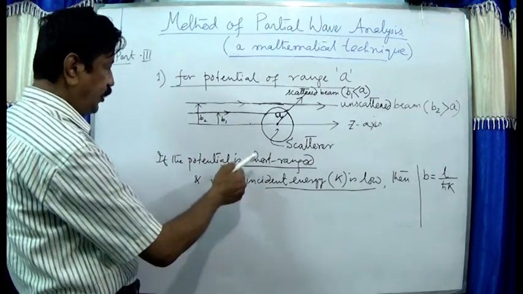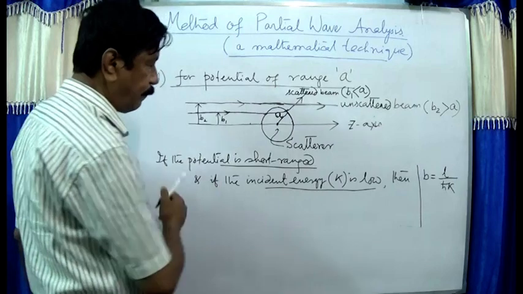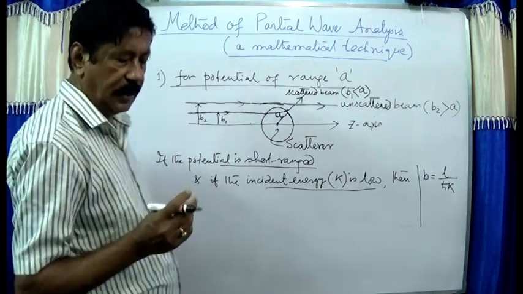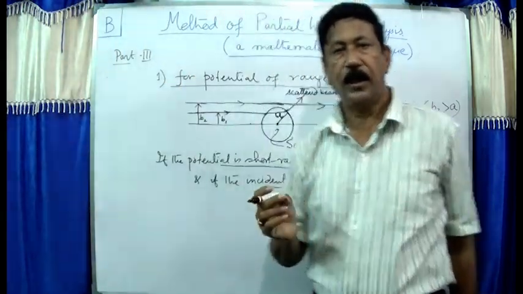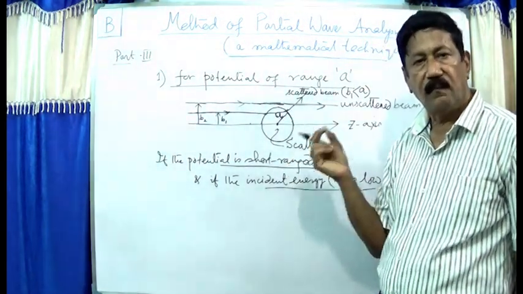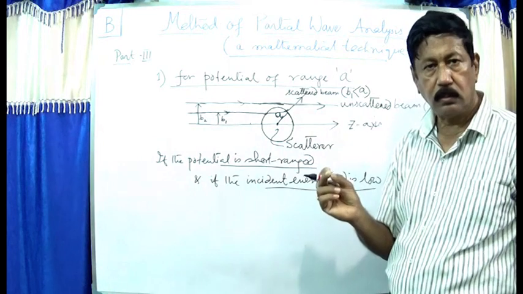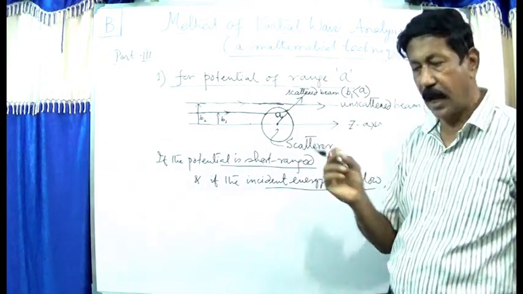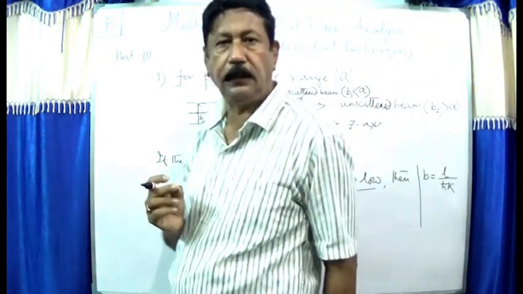If the range of the potential A is short, then necessarily impact parameter must have value low, otherwise that particle will not be scattered.